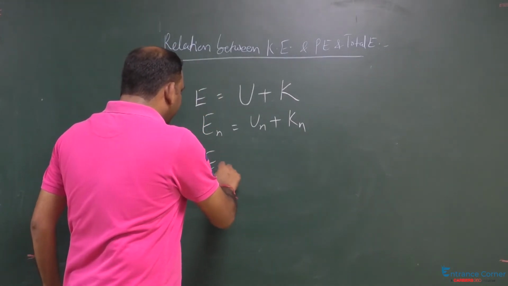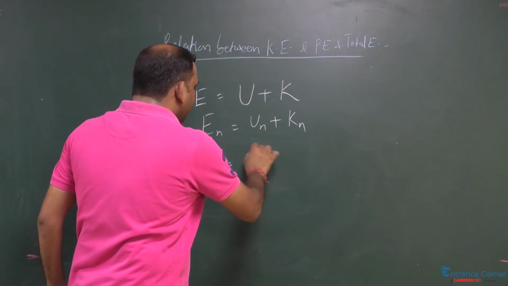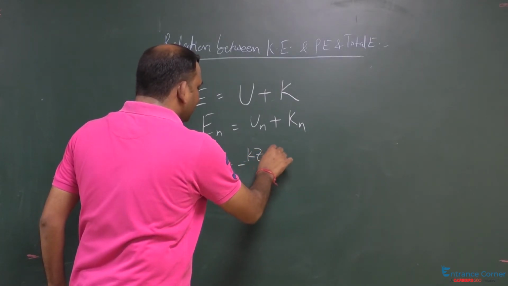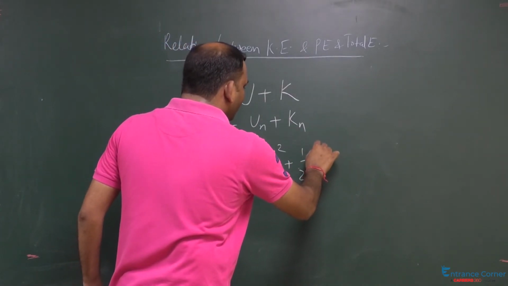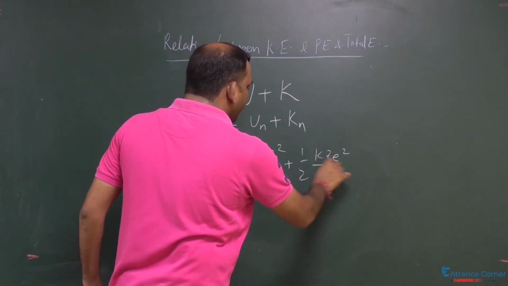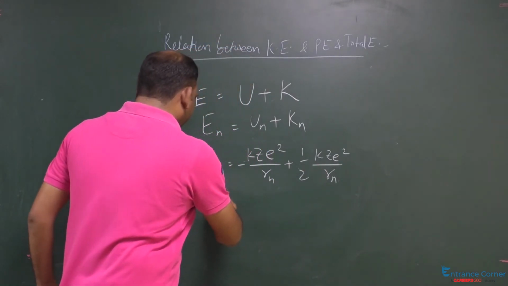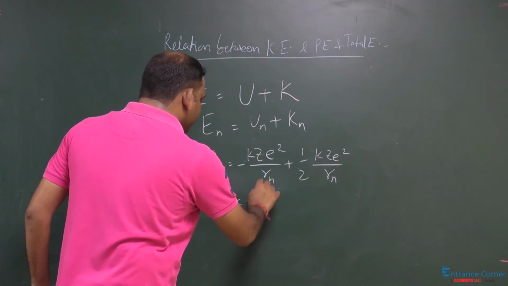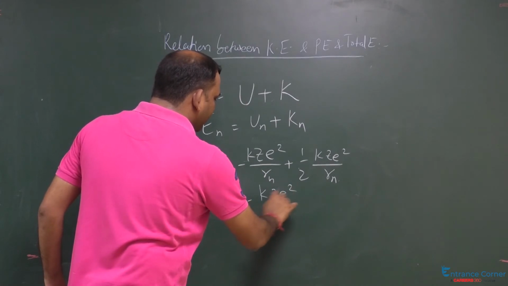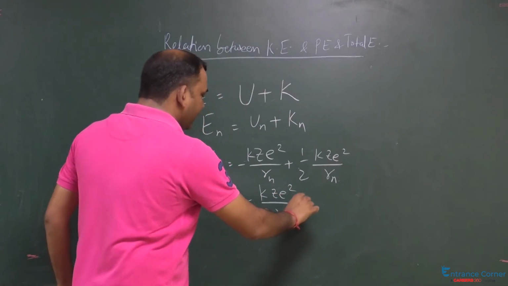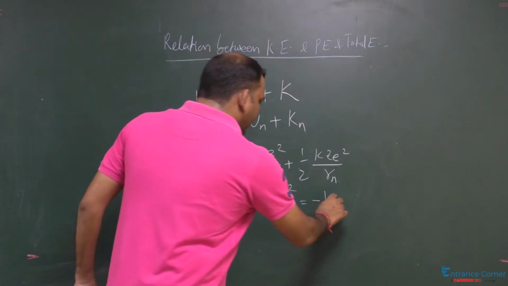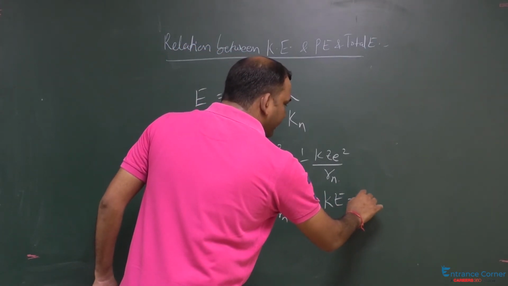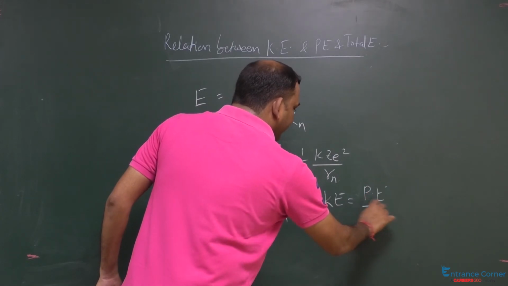Put the values: En is equal to Un, which is minus kZe square upon Rn, plus 1 by 2 kZe square upon Rn. So, En is equal to minus kZe square upon 2Rn. We can say this is minus of kinetic energy, and this is equal to potential energy by 2.